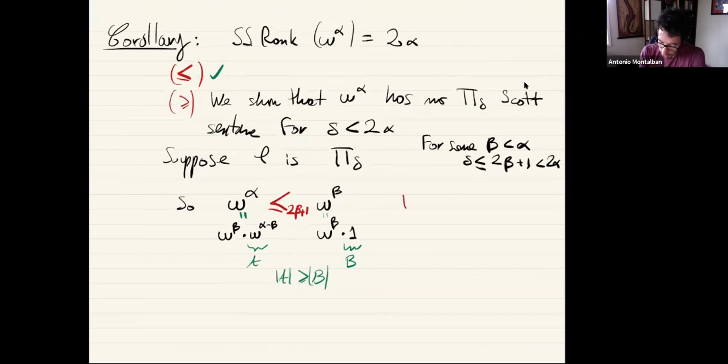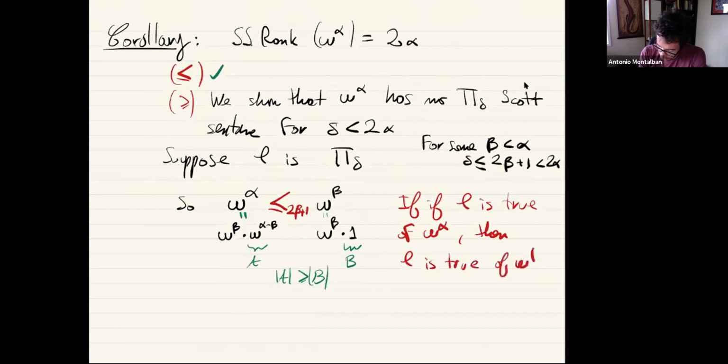So that means from the lemma that if phi is true of omega to the alpha, then phi is true of omega to the beta, because delta is less than or equal to 2 beta plus 1. Every 2 beta plus 1 formula true about this one is true about this one, and phi is one of these.